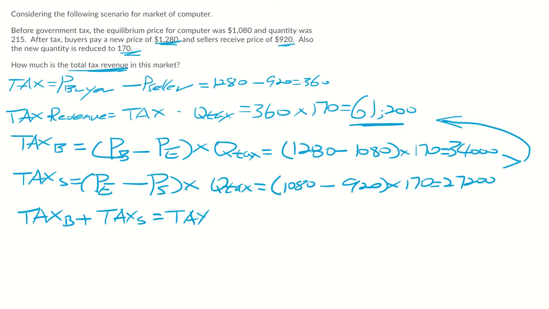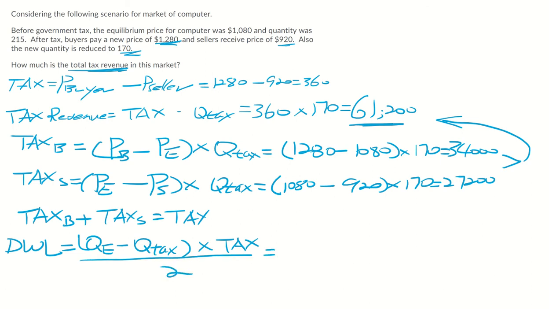Now the last question this might ask you is how much is your deadweight loss. To find that, all you gotta do is find the difference in your quantity. So take your old equilibrium quantity, subtract your new quantity, times the amount of tax per unit, and then divide by 2.